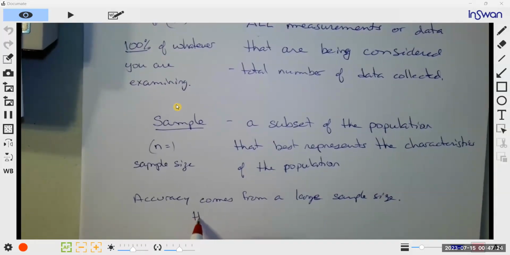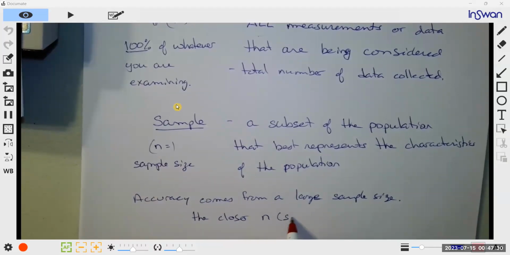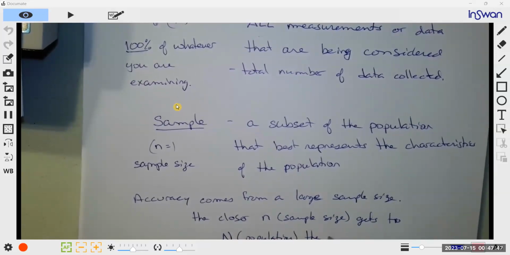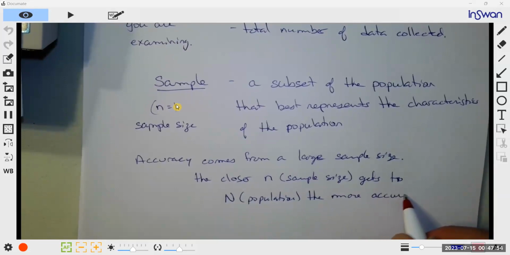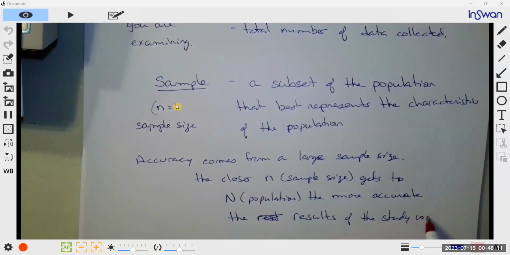In other words, the closer little n, which is the sample size, gets to capital N, the population, the more accurate the results of the study will be.